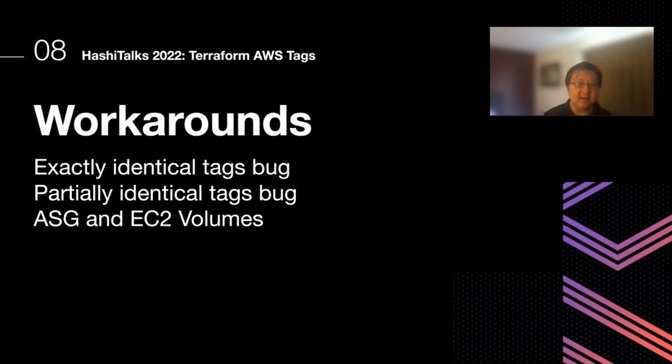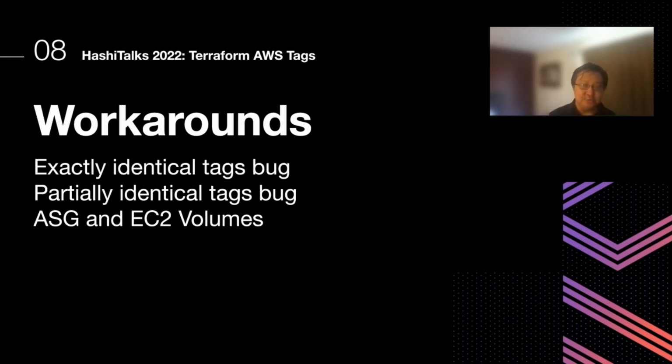And finally, with ASGs and EC2 volumes and launch templates, all of these already have their kind of specific quirks on how to tag. So that's nothing new, right? That's something that's already been how AWS defines how these tags are defined.